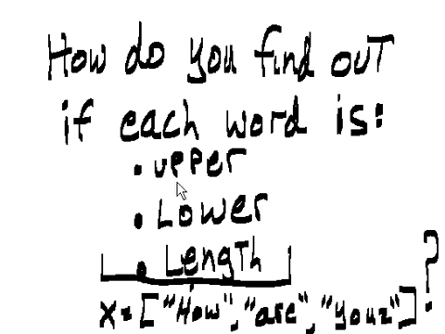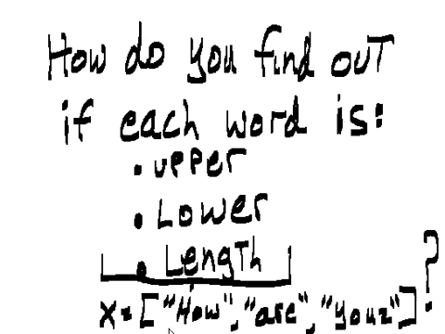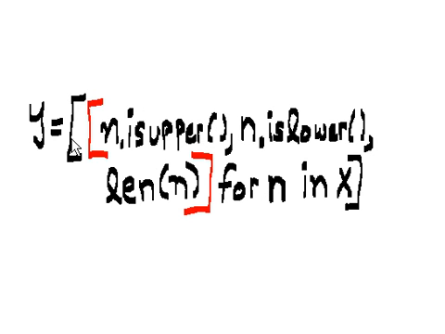How do you find out if each word is upper, lower, and its length? This is x: how, are, and you. y equals double squares. n dot isupper, parens, comma, n dot islower, parens, comma, len of n, parens, and then squares. n isupper, n islower, length of n in squares.